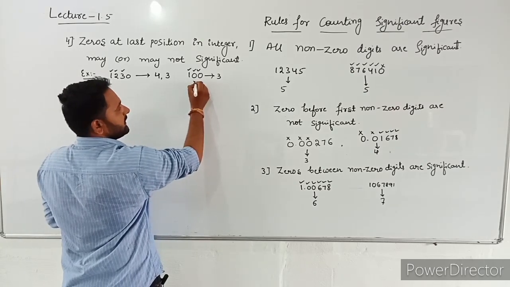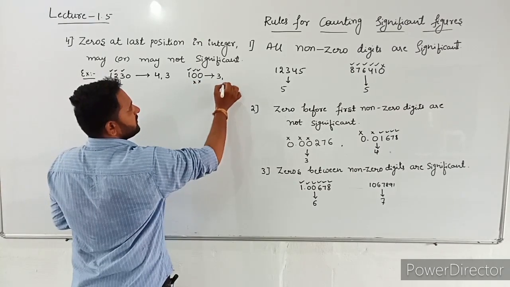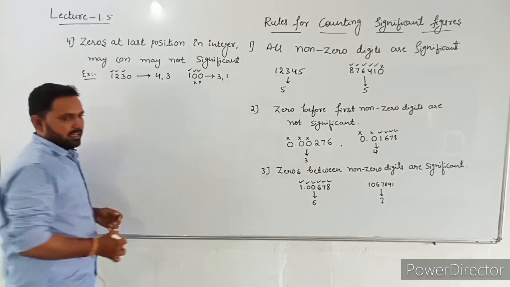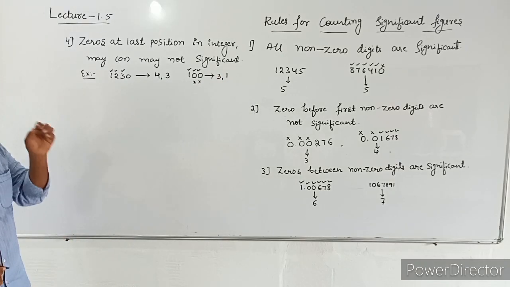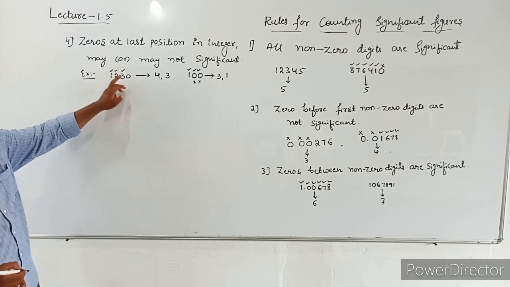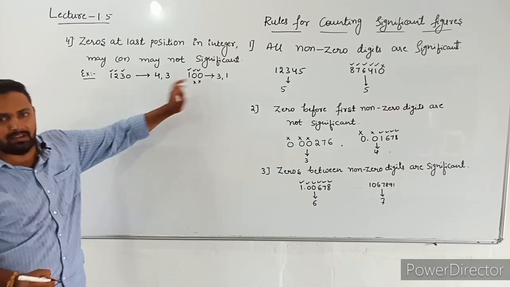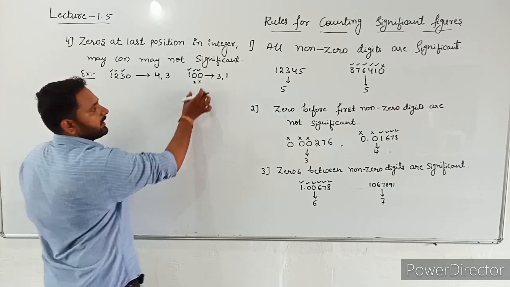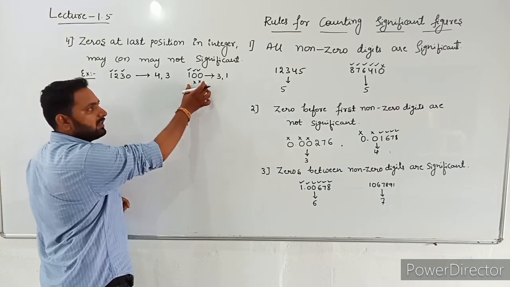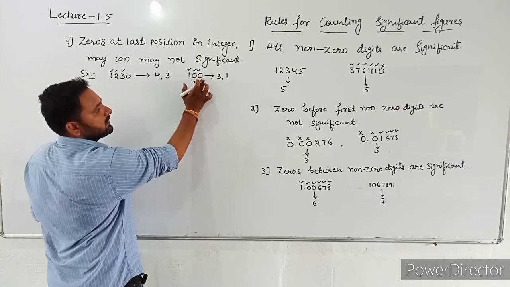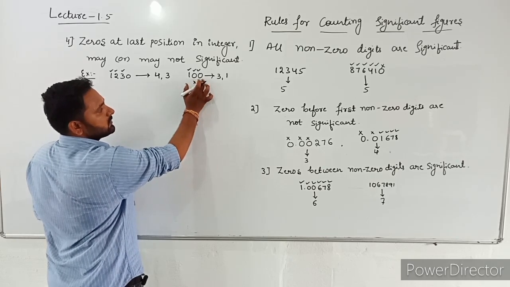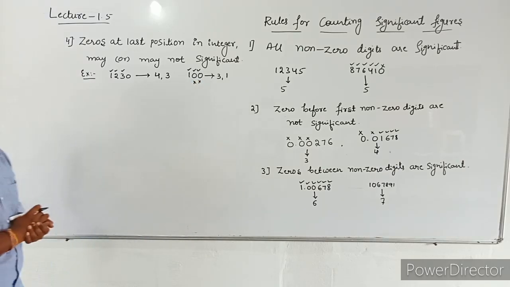If you do not consider them, then the significant figures are 1. But in most of the cases, we don't consider these zeros as significant figures. Don't forget, in many cases, we don't consider these zeros as significant figures.